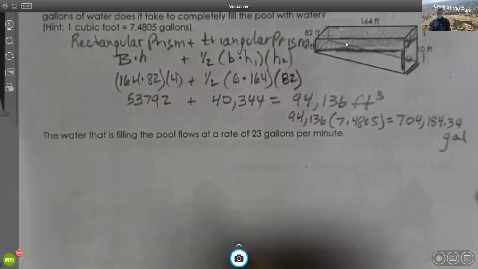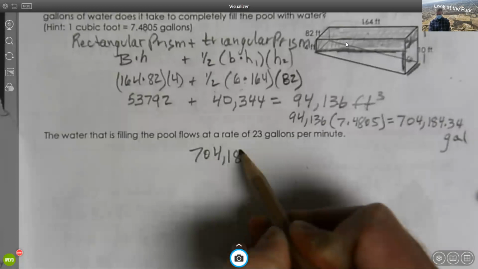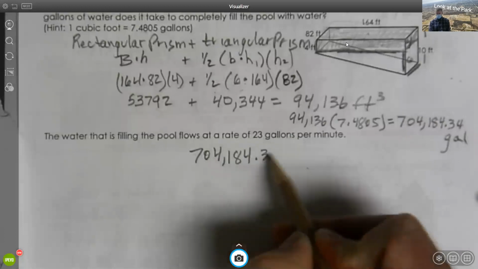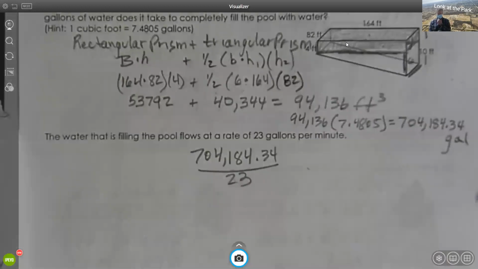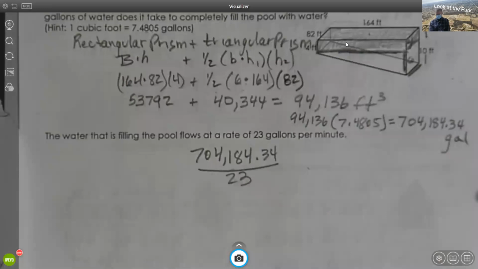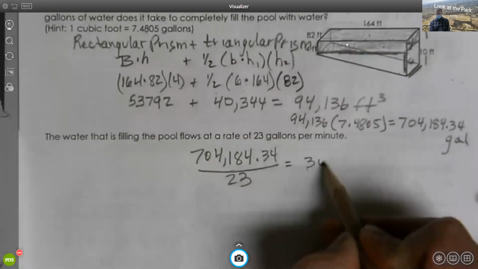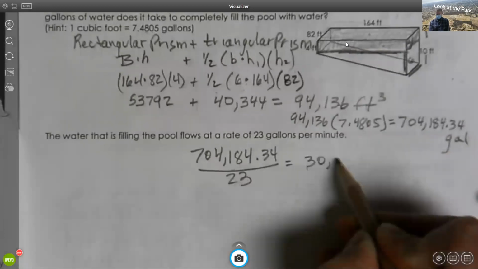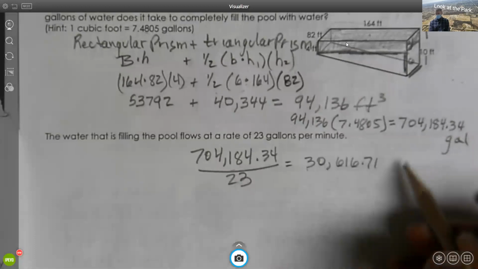So we're going to take the total amount and divide that by the 23, because that's how many gallons per minute is being flushed through. And that tells us that this is going to take us 30,000 minutes to fill the pool.